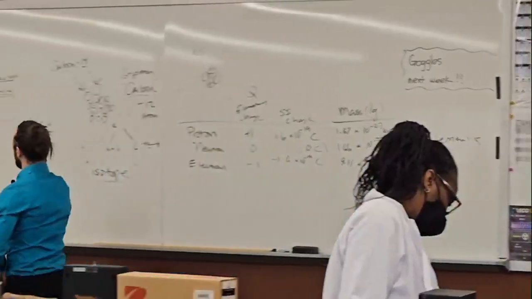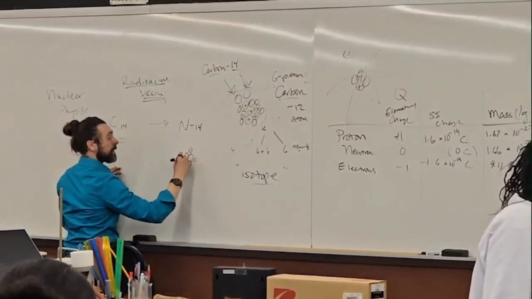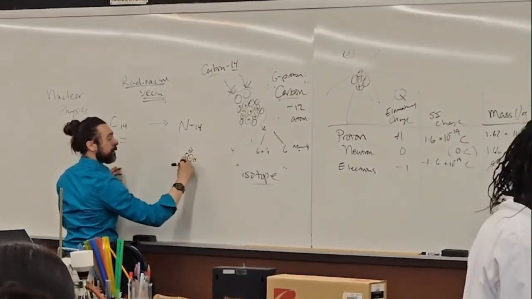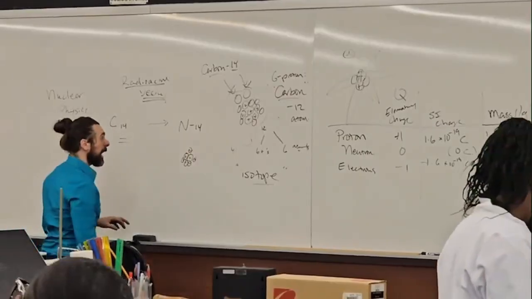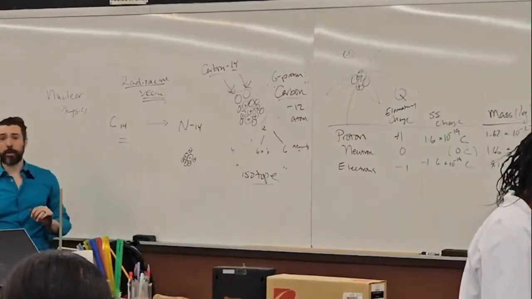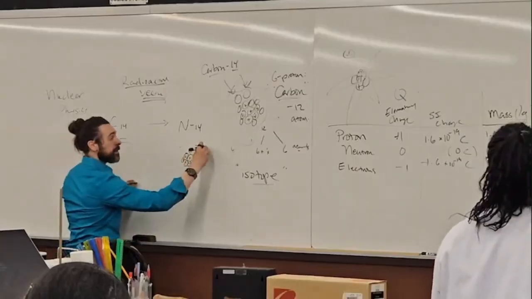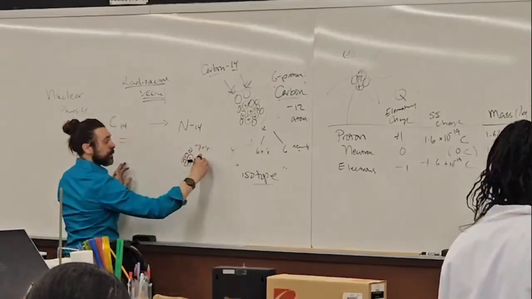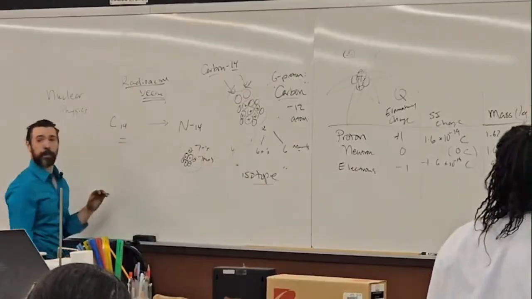So a nitrogen atom would have 1, 2, 3, 4, 5, 6, 7 pluses, right? And then its own number of neutrons as well. As a matter of fact, you can tell me how many neutrons are in this. Because if the whole nucleus weighs 14 and I have 7 pluses, how many neutrals do I need to make 14? 7, okay?